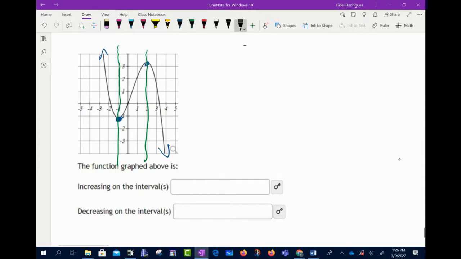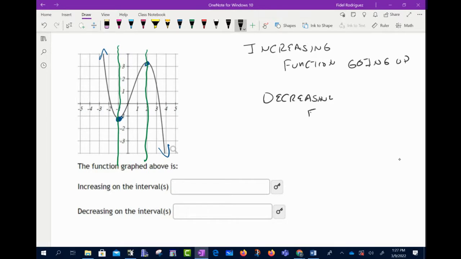Increasing means the function is going up. Decreasing means the function is going down. The reason I drew those two vertical lines is that they are going to be like the boundaries for where the function is going up and where the function is coming down.